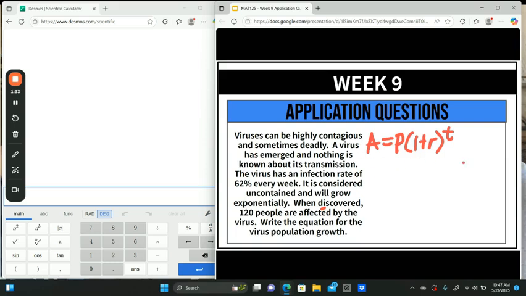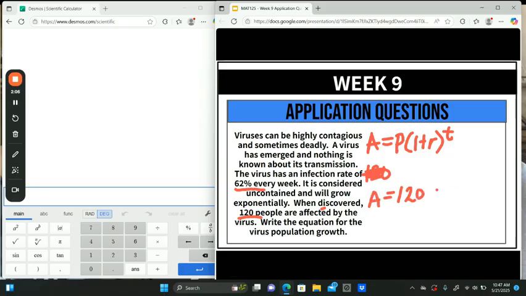So we're not solving anything here, they just want us to write an equation, so we're going to fill in what we know. We've got an infection rate of 62%, and when it's discovered 120 people are affected. That is the very first time, so 120 is going to go here.